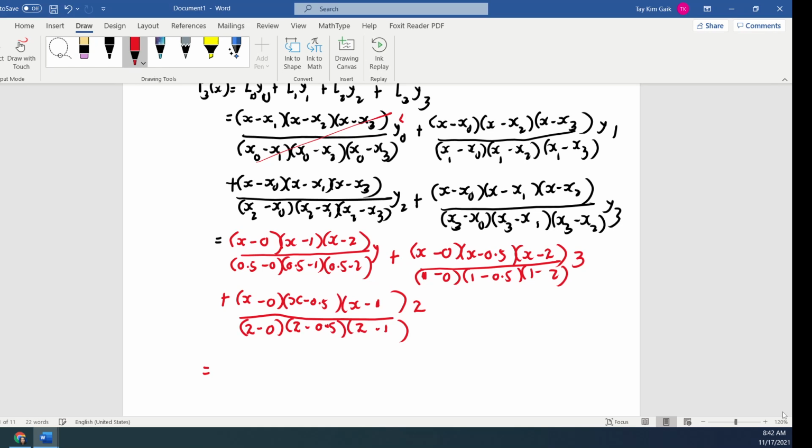the numerator so you can have the x cubed term. So x minus 0, in this one you have only x. This is only x, this is only 1, this is only 0.5, this is only 2.